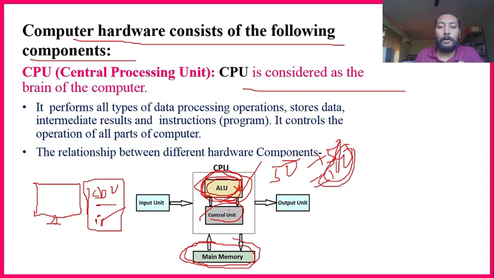Control means it is going to control which information should go where. Like if the information needs to be stored, then it will send it towards the storage memory. If the information is related to the calculation part, it will send it towards the Arithmetic Logical Unit.